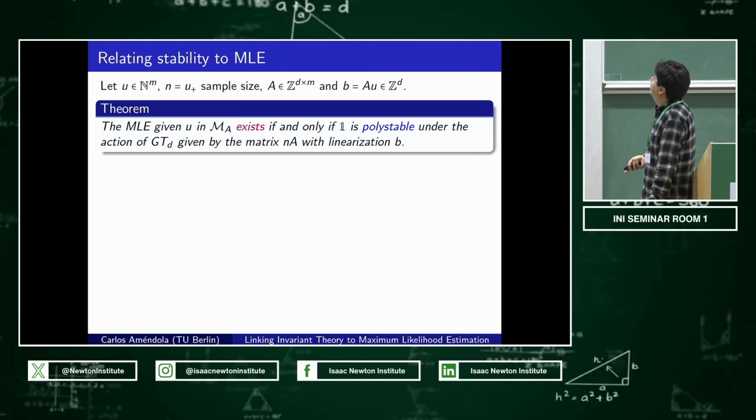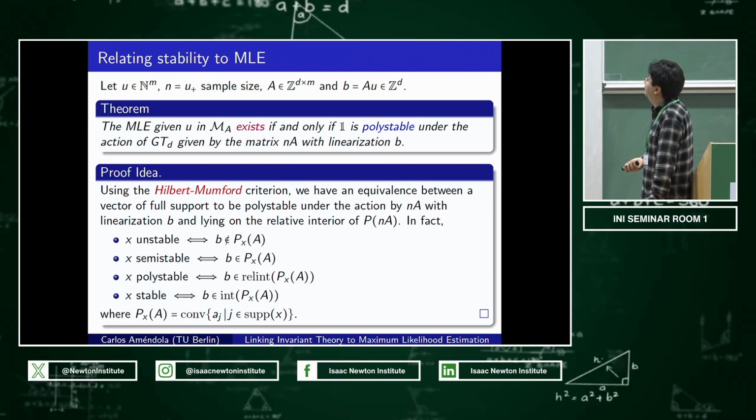I want to give an idea of the proof. It relies on a Hilbert-Mumford criterion to establish an equivalence between the support of vectors and how stability relates to belonging to the polytope that they define. Namely, you take a vector x, and then you take the polytope that corresponds to taking the convex hull of only the columns that have support in x.